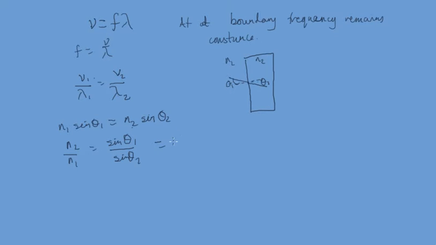Which means our ratios of wavelength must be the same as this, and the ratio of the two wavelengths and the two velocities must all be the same. Let's do an example with a wee bit more difficult example, and then we'll talk more about wavelengths and refractive indexes.